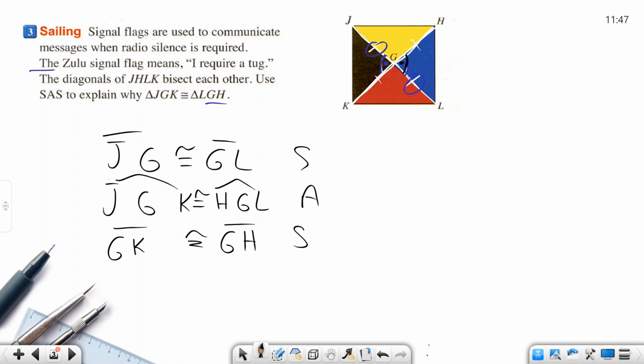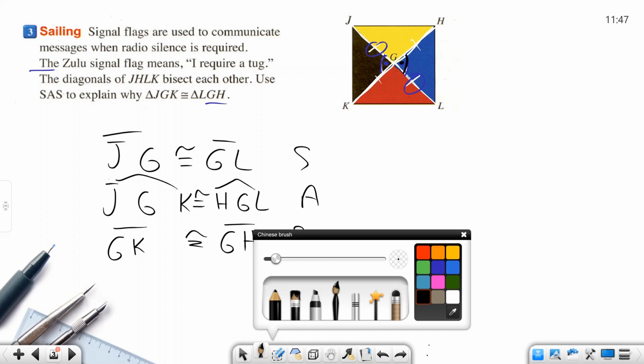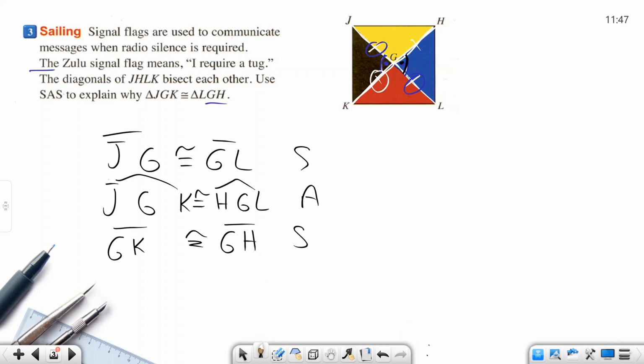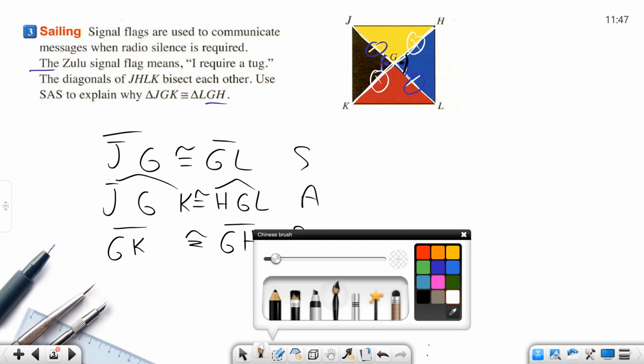That angle congruent, JGK and HGL are congruent as an angle. Now let's check the last side. GK, where is the GK here? Let's use white again. GK and GH are congruent, so side angle side. Therefore, these triangles are congruent.